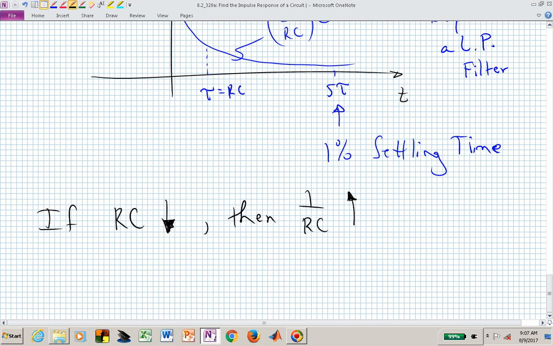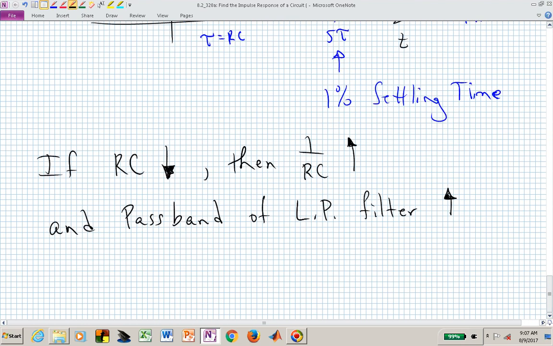So if RC goes down, then 1 over RC goes up, and the pass band of the low pass filter increases, or broadens, in concert with 1 over RC.